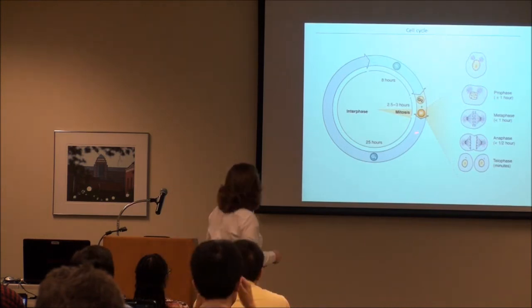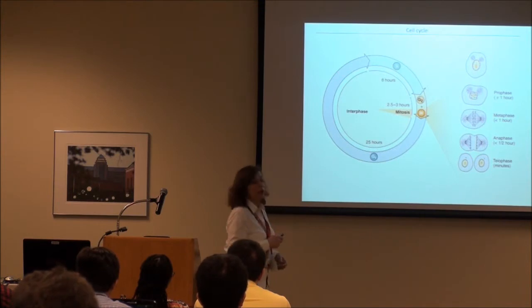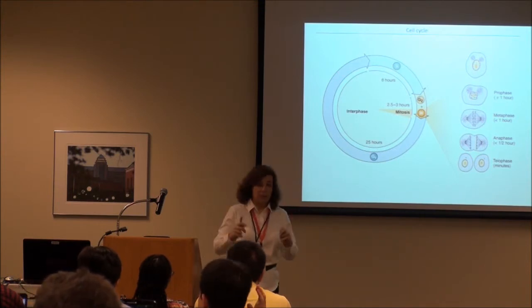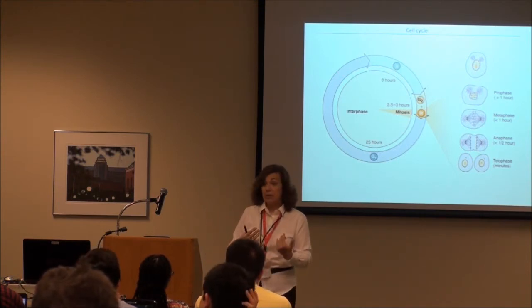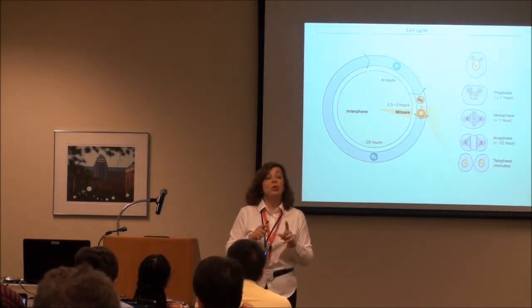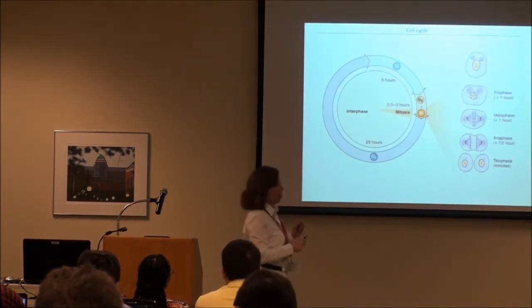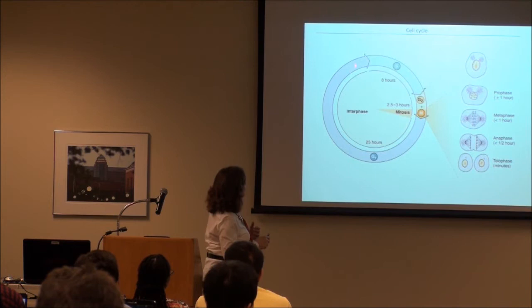They're functioning normally, doing their job, until at a certain point they decide, and we'll see what that means, that they receive a signal from inside or outside the cell that they need to divide. And somewhere here, we'll see, there is a decision point.